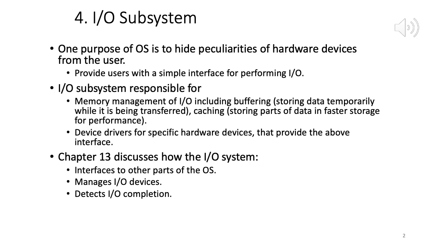So the OS is an operating system, and within that it has certain modules. It's an extremely large piece of software, so it has modules, and each of those modules is a part of the system, so they can also be known as subsystems. Therefore, the part of the OS that deals with IO is the IO subsystem.